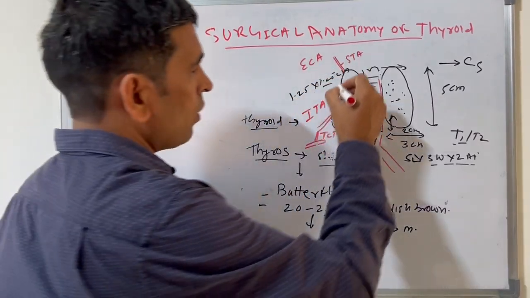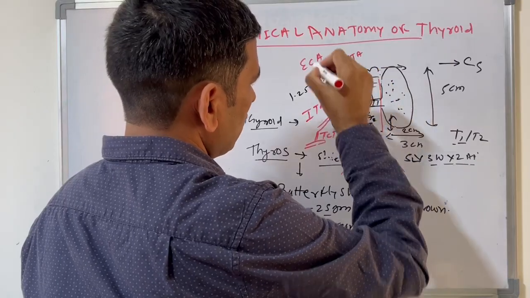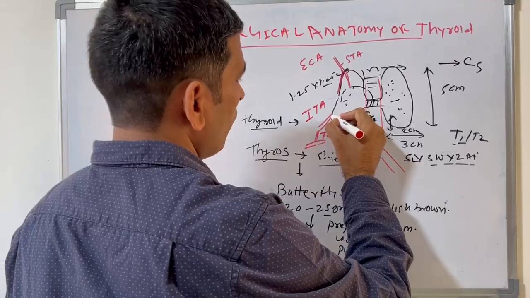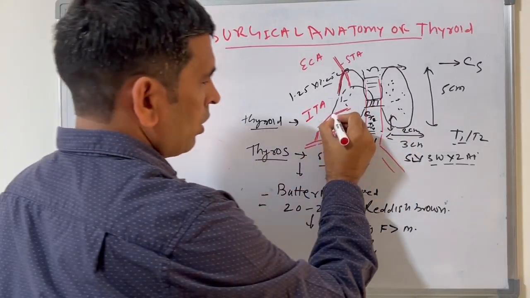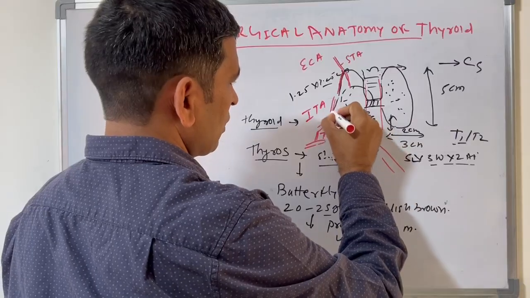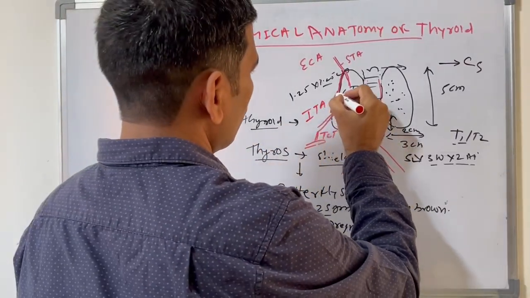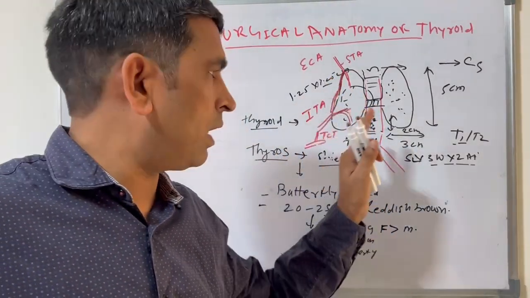The superior thyroid artery divides into anterior and posterior branches, and the inferior thyroid artery divides into descending and ascending branches. These branches sometimes anastomose and supply part of the superior parathyroid gland from behind.